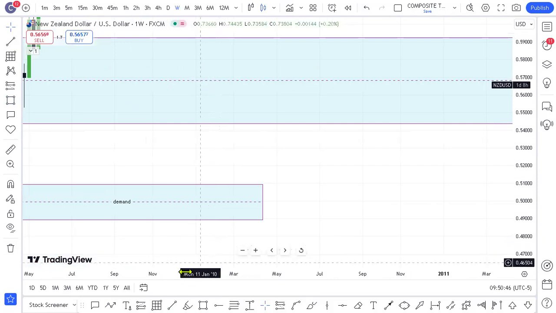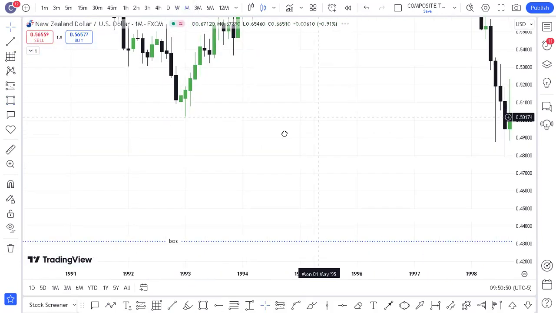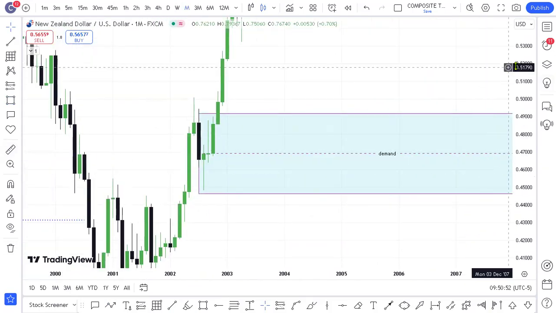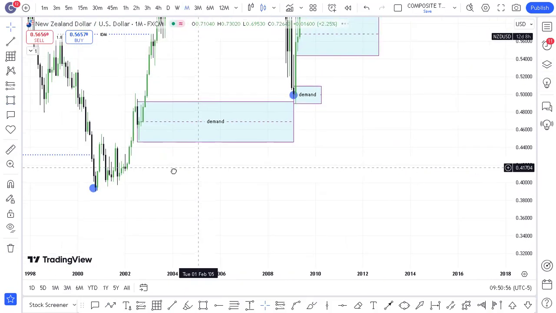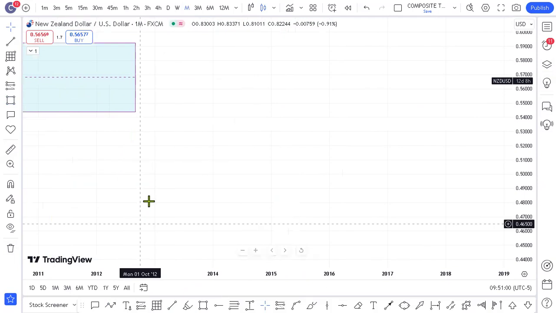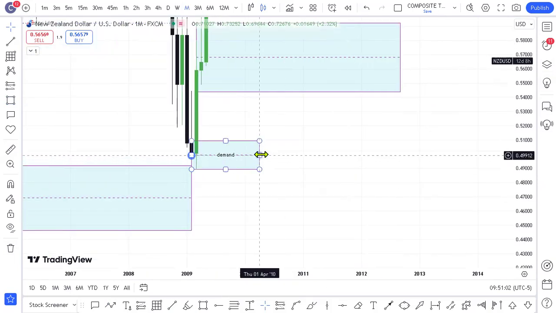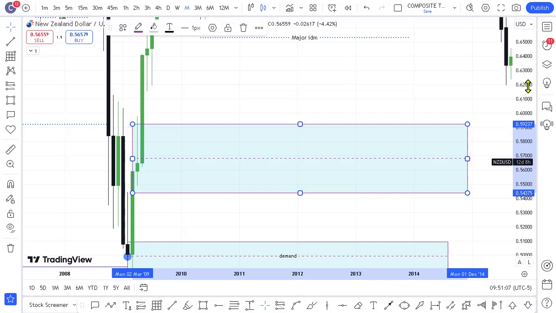Now, this means that for the price, let's go back to the monthly. If the price comes to my extreme low here, I still look for a buy. And also this is another zone that is on discount.